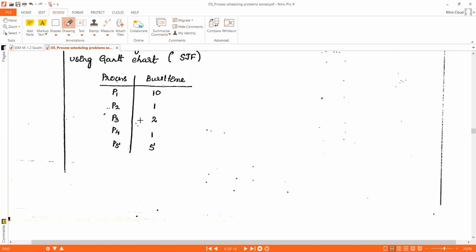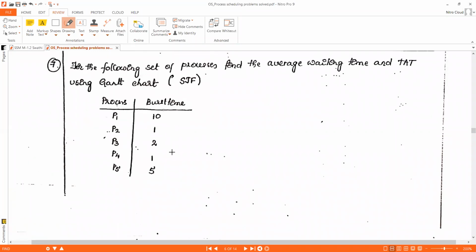Okay, among the burst times of all these 5 processes, we need to find the shortest burst time, because we are using the shortest job first scheduling algorithm. Here we have two processes having the shortest burst time, that is process 2 and process 4. Among these two, which process will get scheduled on the CPU first?